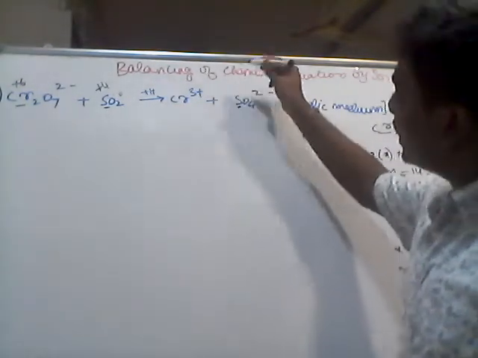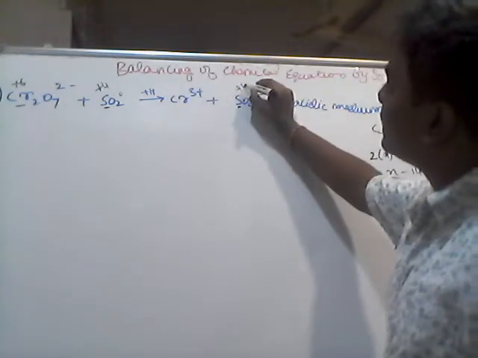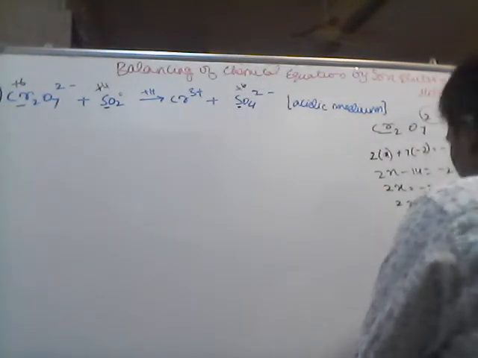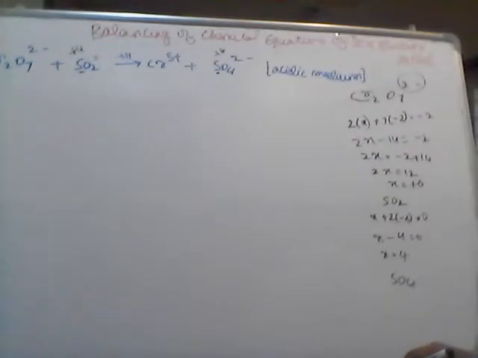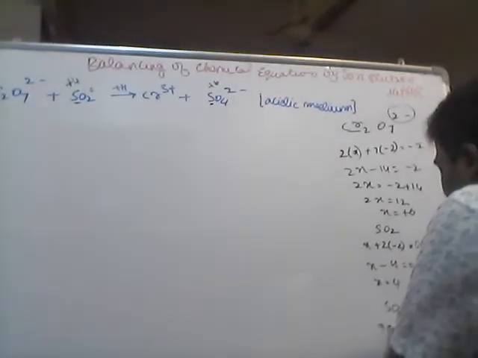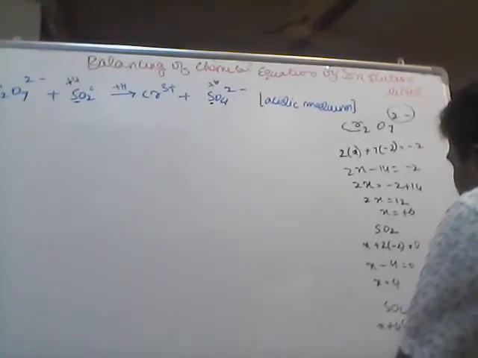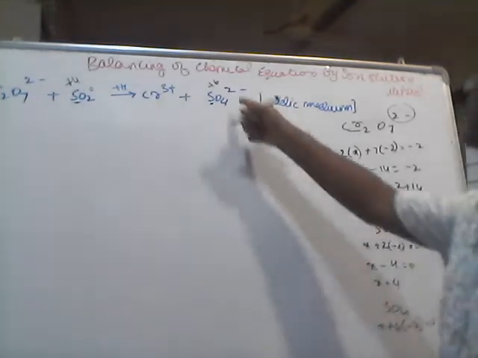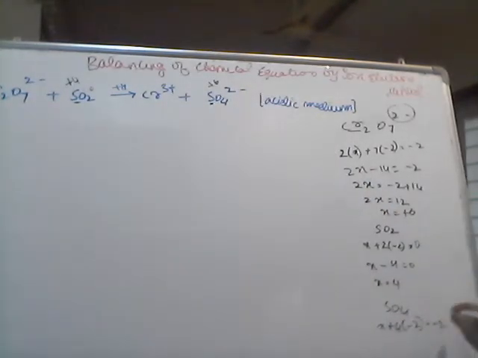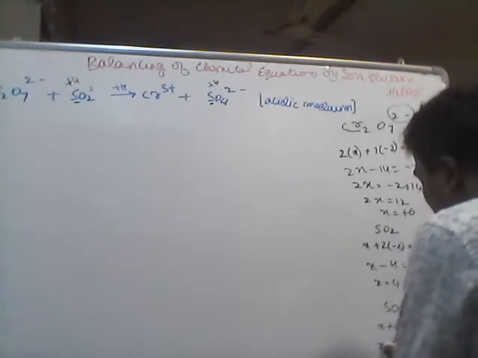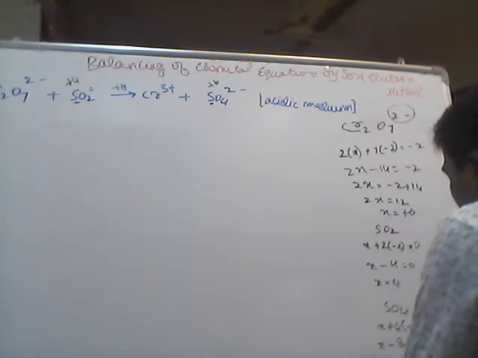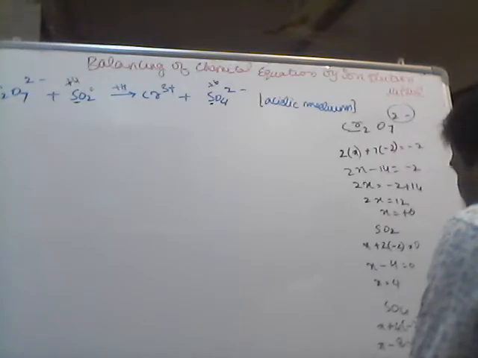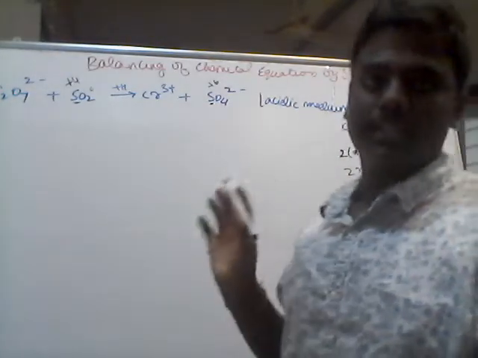Let us check once again to clear our doubt: x plus 4 into minus 2 equals minus 2, so x minus 8 equals minus 2, and x equals plus 6.